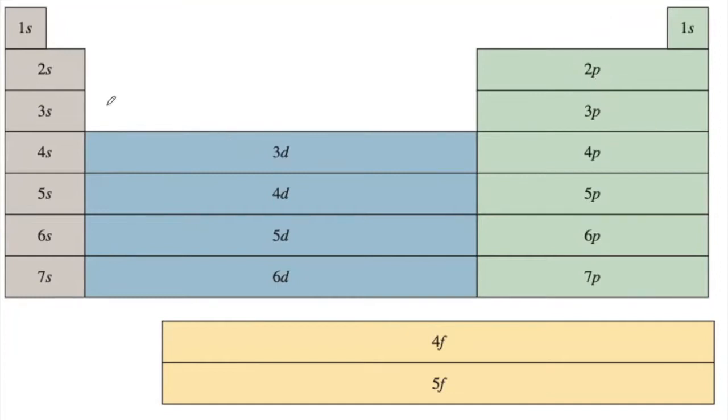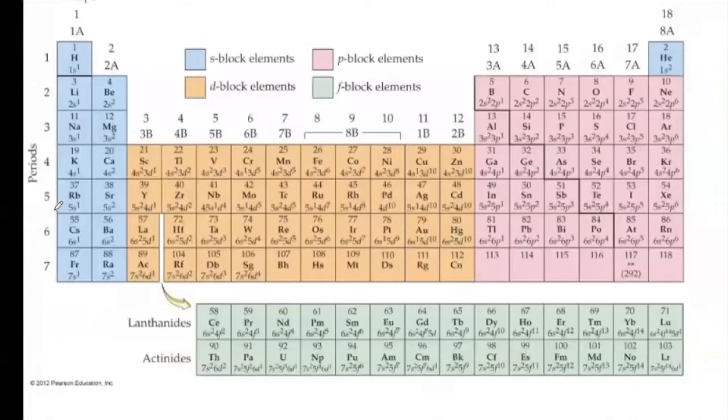The elements in this area of the table correspond to these orbitals. In our example, the last electron is in the 5s orbital. That means that the element we are looking for is in this part of the periodic table, and if we find that in the periodic table, that would correspond to rubidium, right?